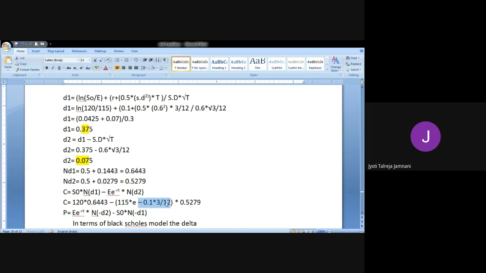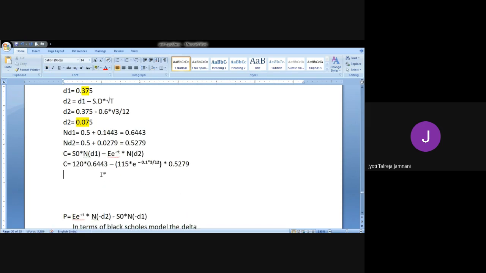So we need to take this as raised to. So C is equal to 120 into 0.6443, 77.316, minus, we'll find the present value, 115 into, first we'll find the E raised to minus 0.1 into 3 by 12.